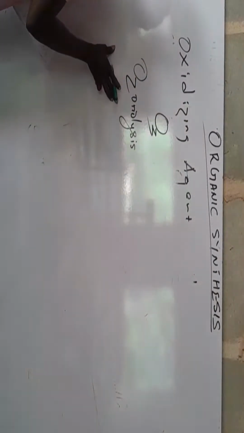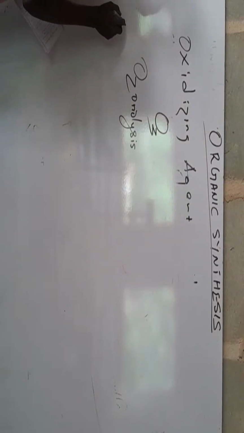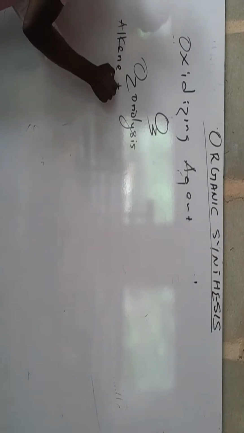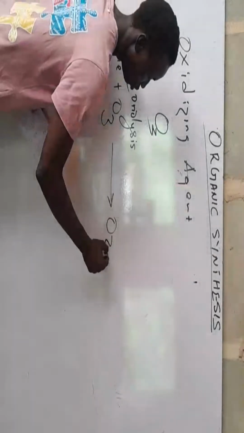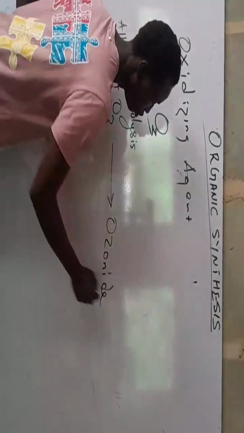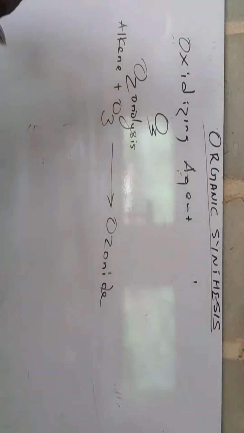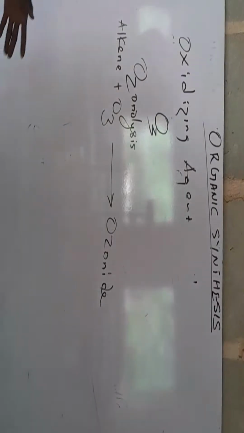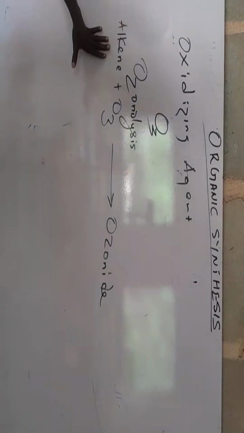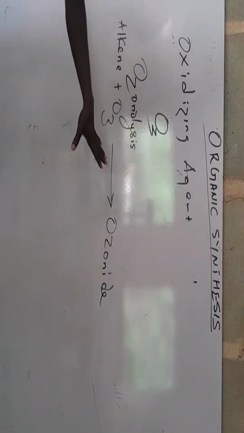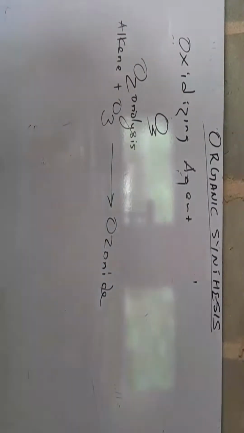So ozonolysis is the result of the reaction between alkene and O3 to form ozonide. It should be noted that ozonide is not just formed directly, but there is an intermediate before we reach this point. Alkenes reacting with ozone to give ozonide is what is referred to as ozonolysis.